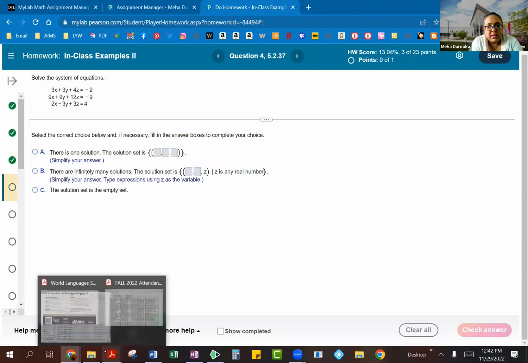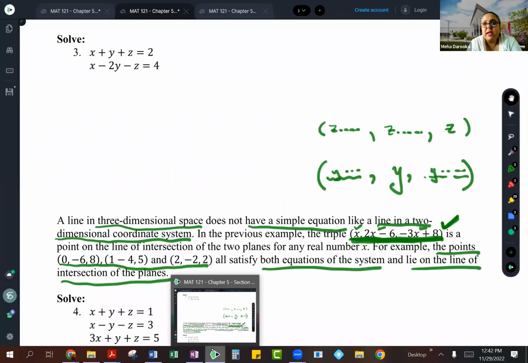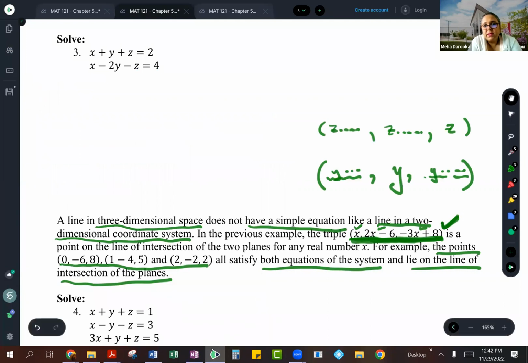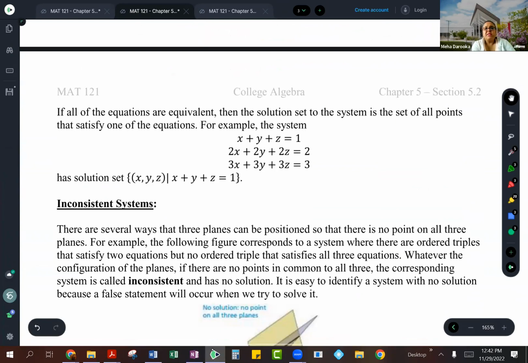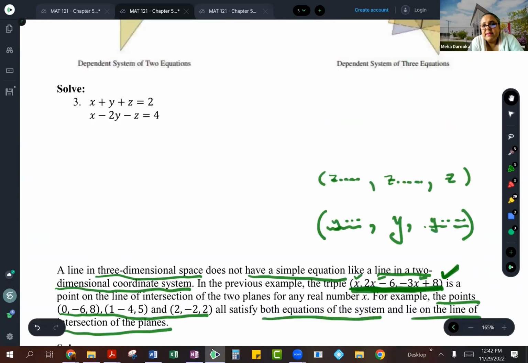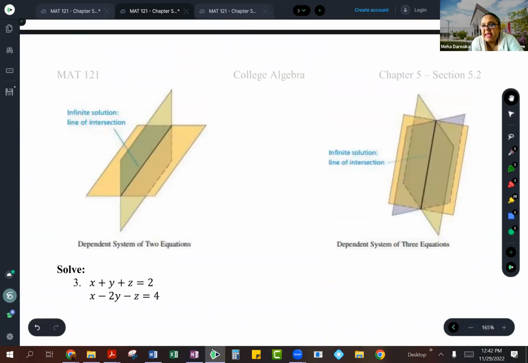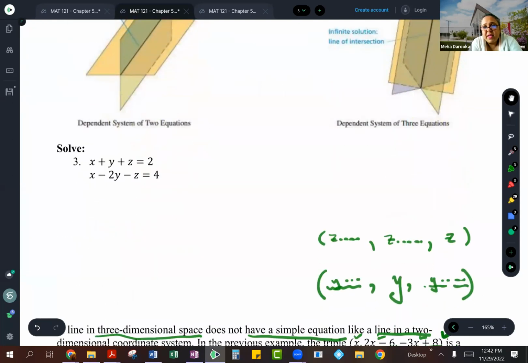All righty, let's come back to our handout. So this one over here is kind of talking about, again, what if you had something like this situation where you have 3 planes that are intersecting at, again, one single straight line, which means you again end up with infinitely many solutions along that line of intersection.